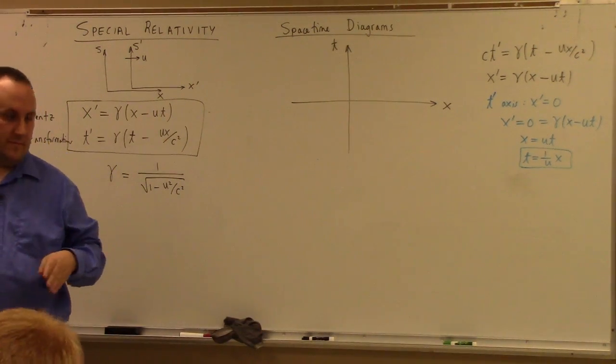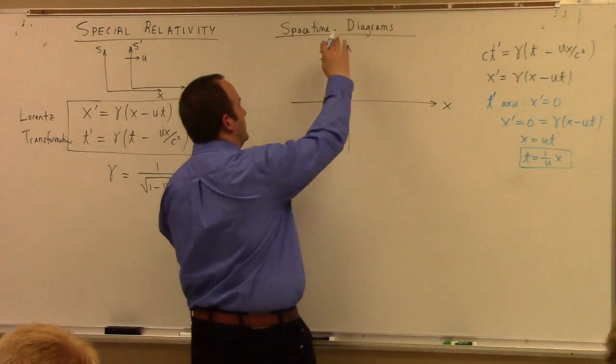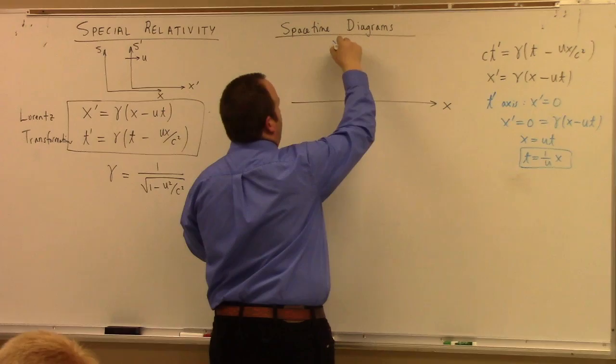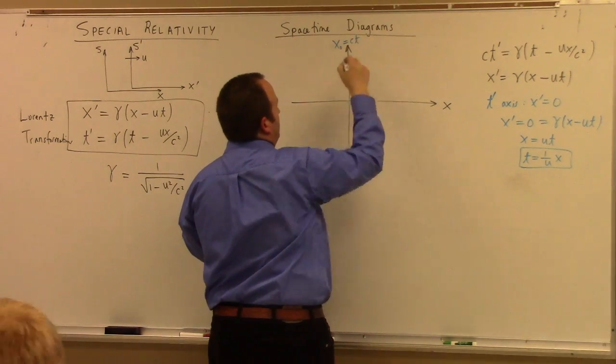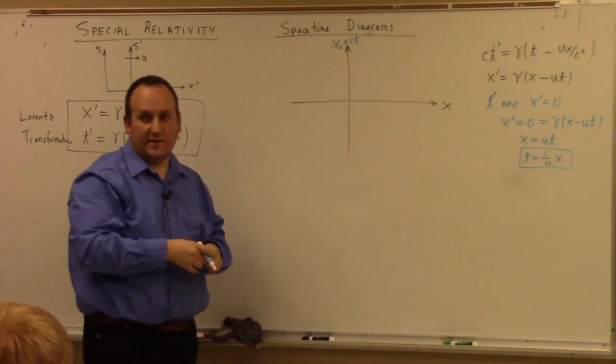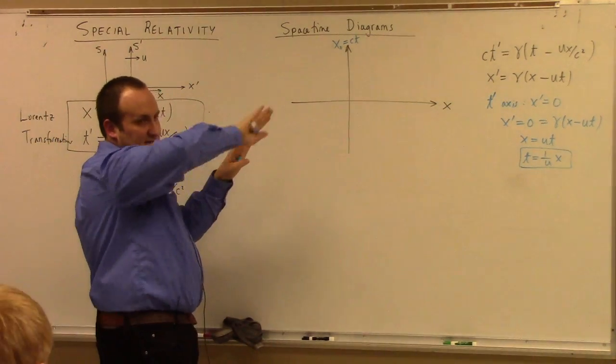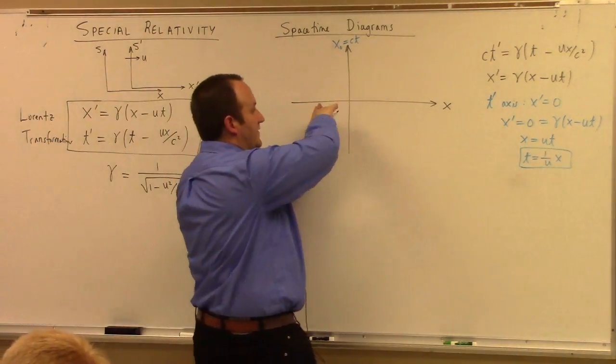Now, I'm actually putting x naught up here. Okay, fine. I mean, it's ct. That's the scaling I'm using, because if you had velocity c, it would have slope 1 in this picture, right?